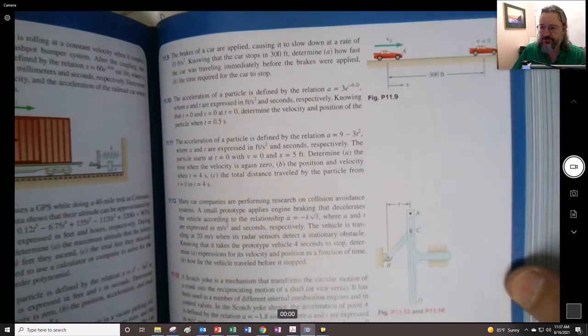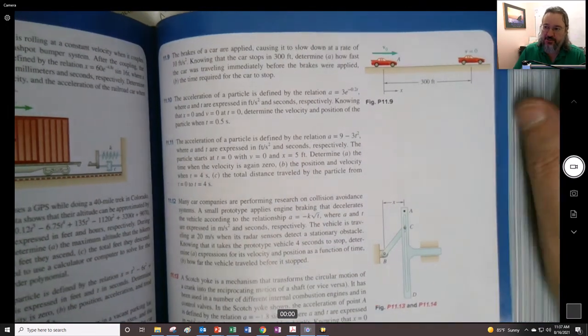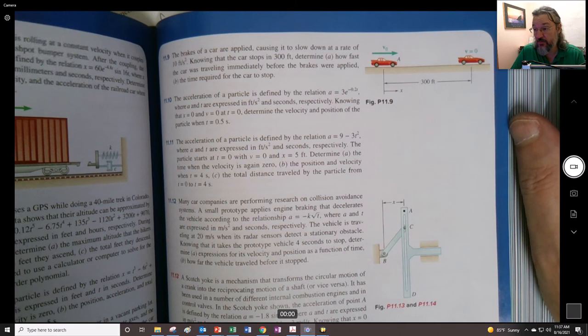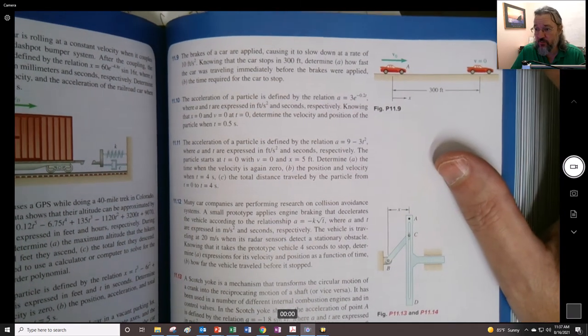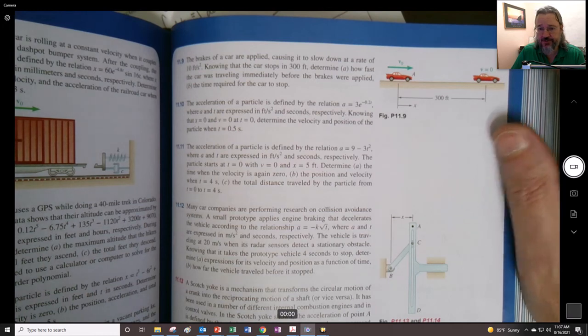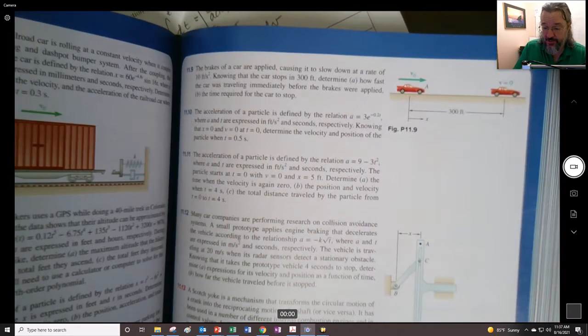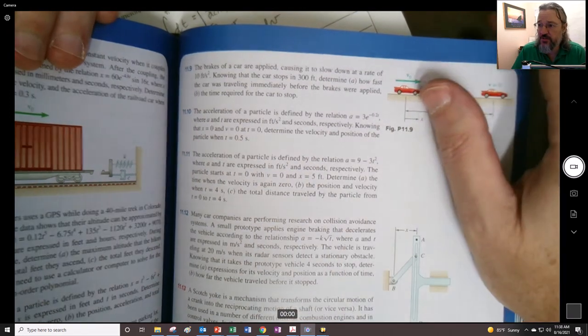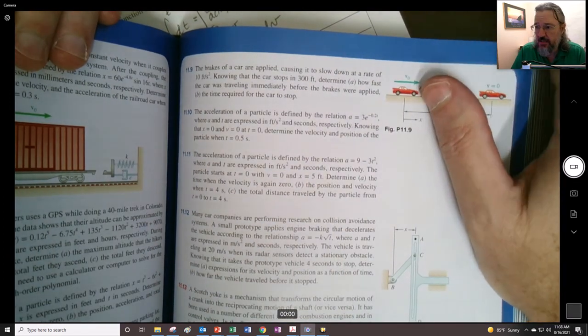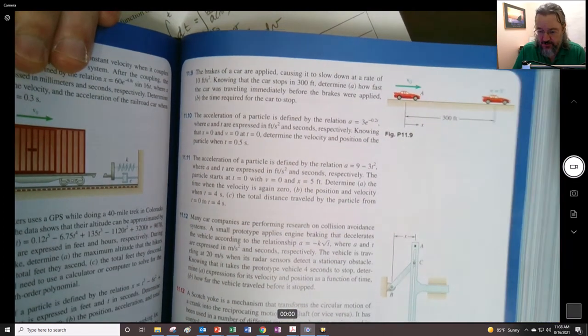Check the answer, and if it's not right, go back and figure out what you did wrong. I know it sounds like it's going to be really difficult, but it really will push you to make sure that you understand the material. But first do the homework. Then you could come to me and ask for help, or you could work through some of these problems, and if you get stuck, you can come to me during office hours for help.